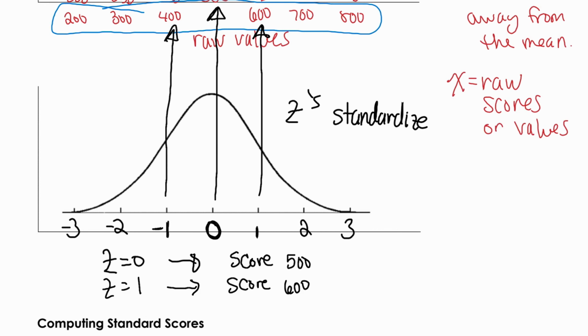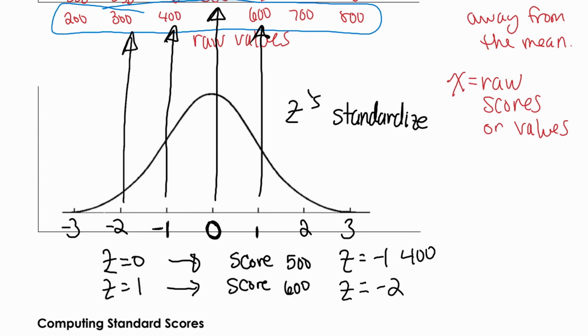Z of -1 corresponds to 400, etc. So if I ask you, if Z is -2, what's my value of X, or my raw score? If I look at -2, that means I come 2 standard deviations out to the left. That means I would be sitting at a score of 300. So when we talk about standardizing, we're only talking about how many standard deviations we are away, but not the actual score or the actual value that's on the graph.